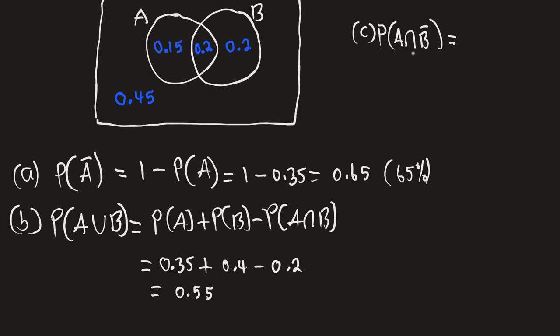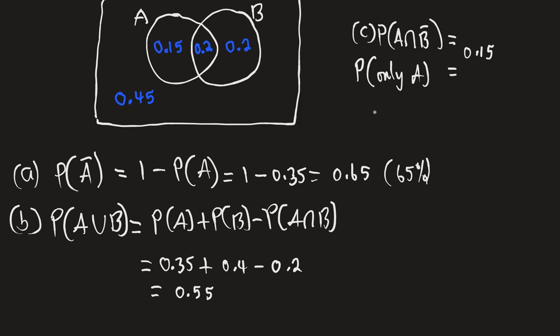Another way of saying this, which we did when we converted between verbal and symbolic and graphical, is the probability of only A. Only A is again this region, so that probability is 0.15.